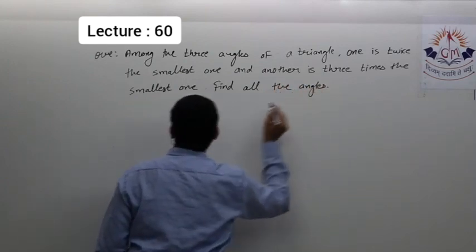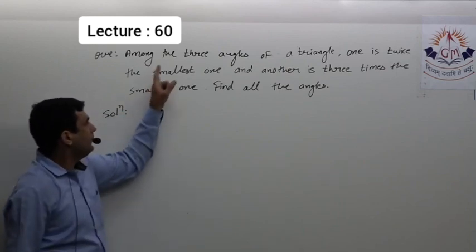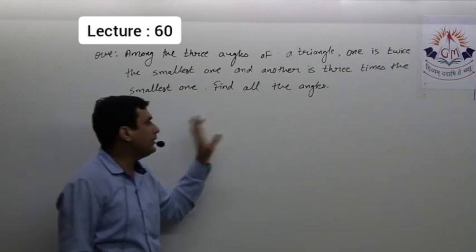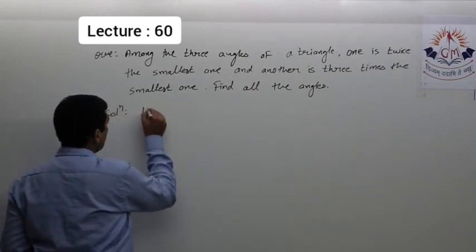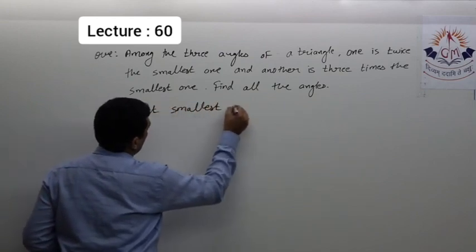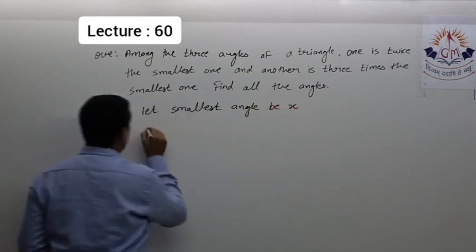You have to find all the angles of the triangle. So let us see the solution. It is given there are three angles of a triangle. One is twice the smallest and another is thrice the smallest. So let smallest angle be x.